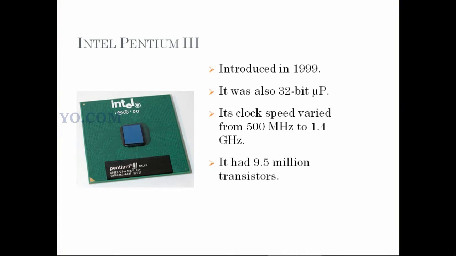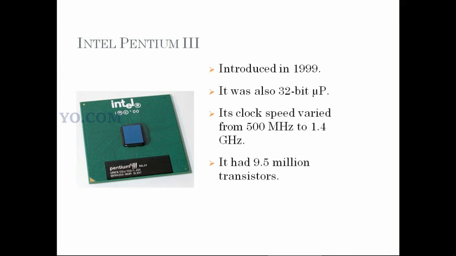And the next one is the Pentium 3 microprocessor. This microprocessor was released in 1999. It is also a 32-bit microprocessor. The speed of operation is 500 MHz to 1.4 GHz. The first microprocessor in gigahertz is the Pentium 3 microprocessor.